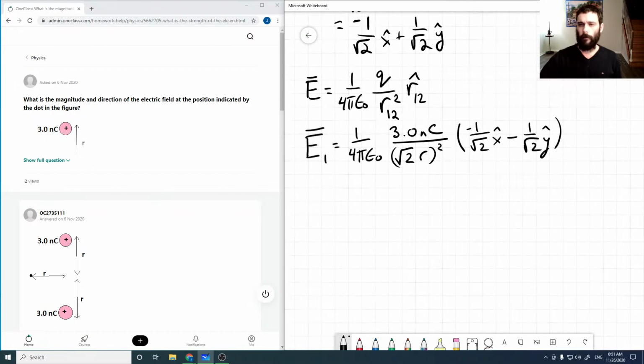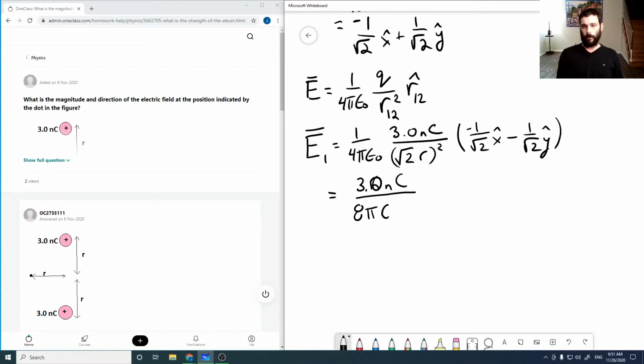So now, just multiplying this through, I'm not going to bother doing the calculation for 4 pi epsilon naught, since we're also not given the value of R. So I'm just going to leave things the way they are. And so this will be 3.0 nanocoulombs over, so root 2 squared is going to be 2, so this will be 8 pi epsilon naught R squared.